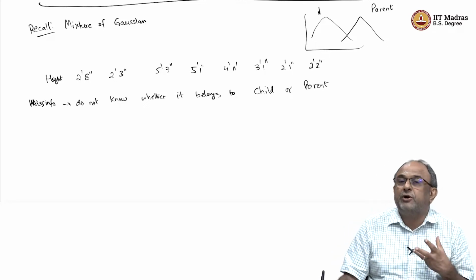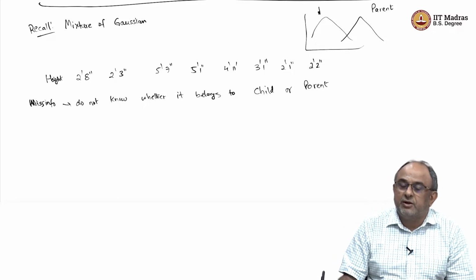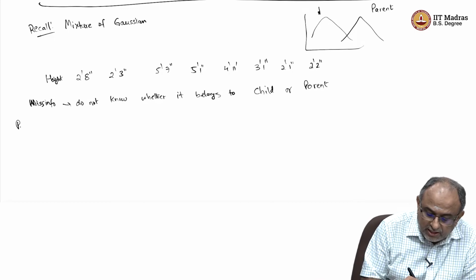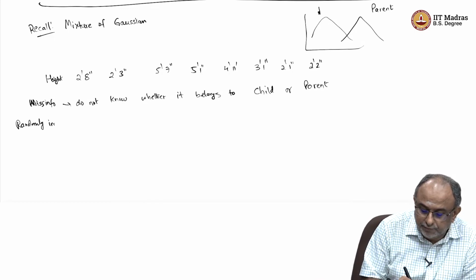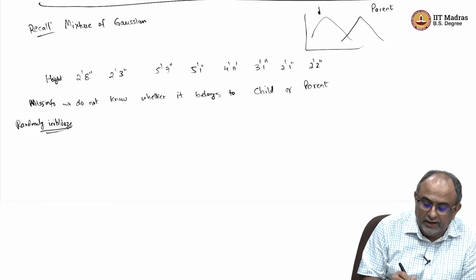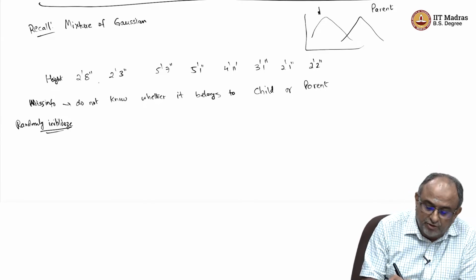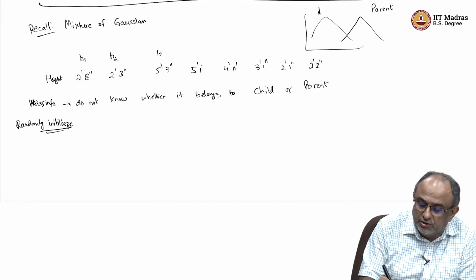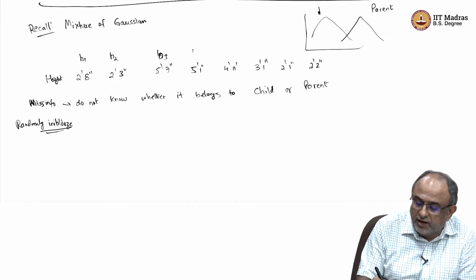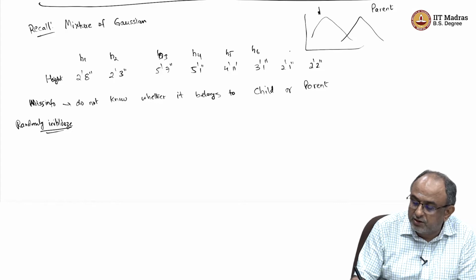So what we do is basically randomly initialize, and then we ask how probable is this measurement. So the first measurement, so H1, H2, H3, these are height measurements, H4, H5, H6, H7 and H8, right.